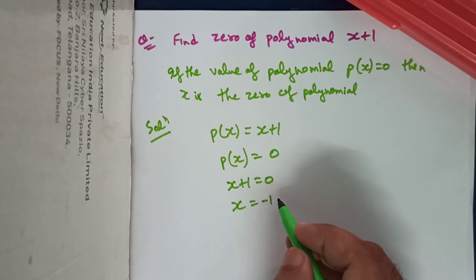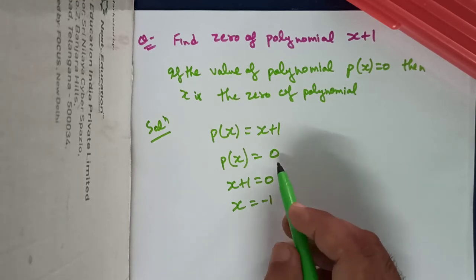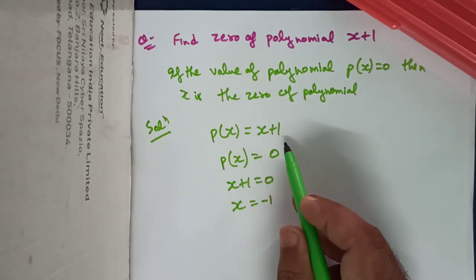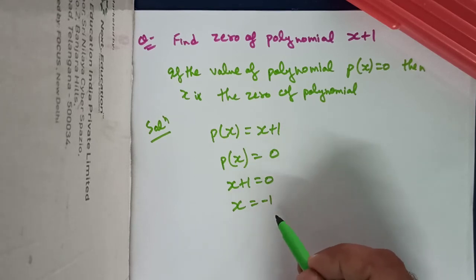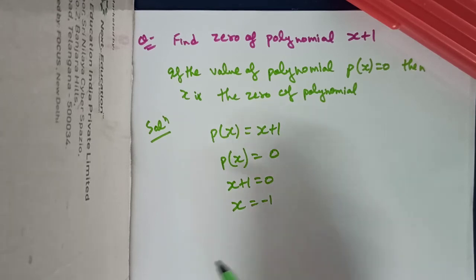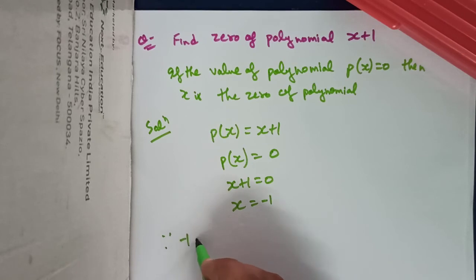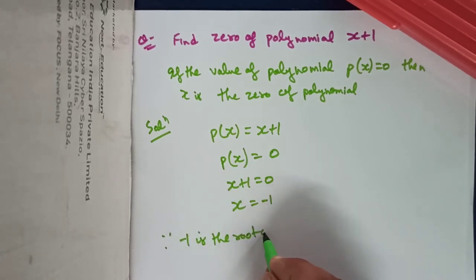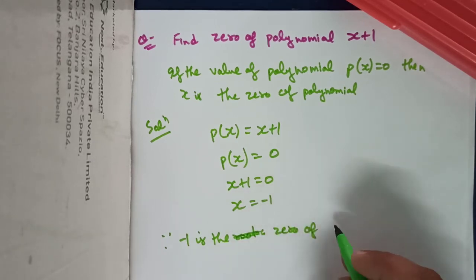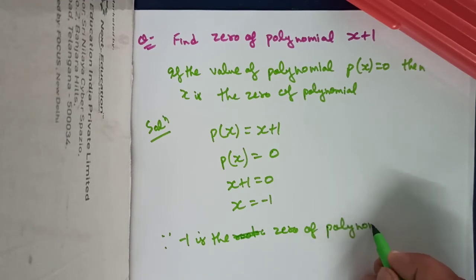Okay, so we say that on equating the value of the polynomial to 0, we get the value of the variable x as minus 1. Therefore, minus 1 is the zero of the polynomial x plus 1.